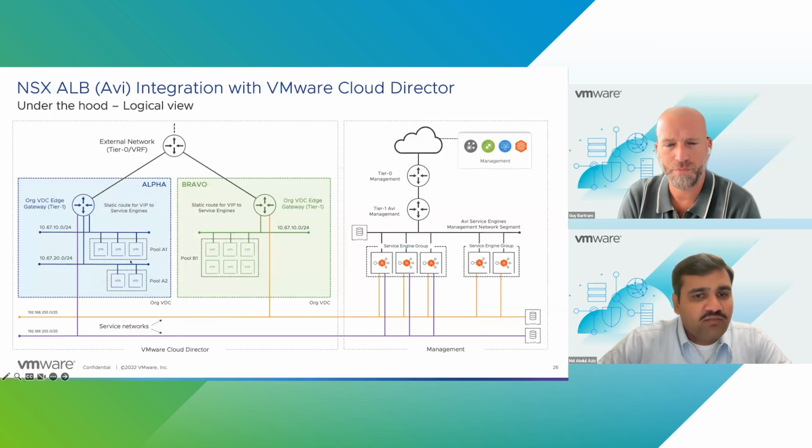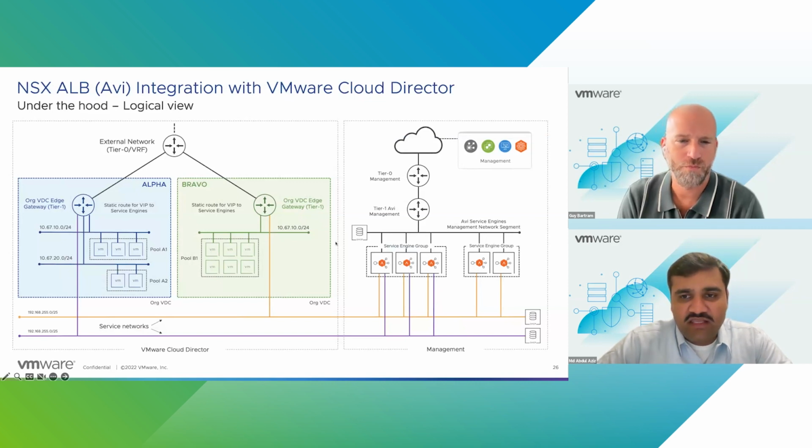This is the logical view of how it looks. Alpha has some pool VM workloads running in a particular network or subnet, and another subnet, 10.67.10.0/24 and 10.67.20.0/24. All of those can be load balanced by the service engine group sitting in the management domain.